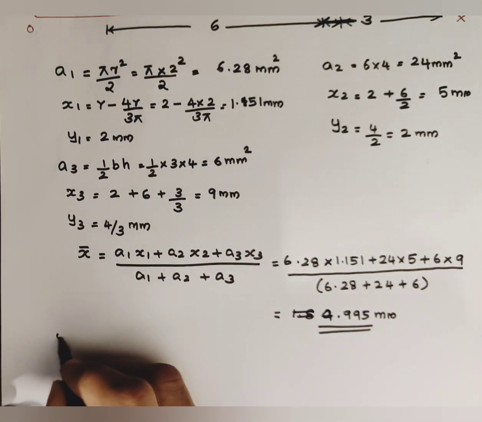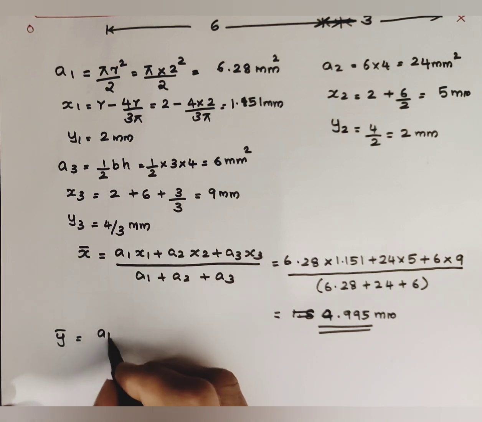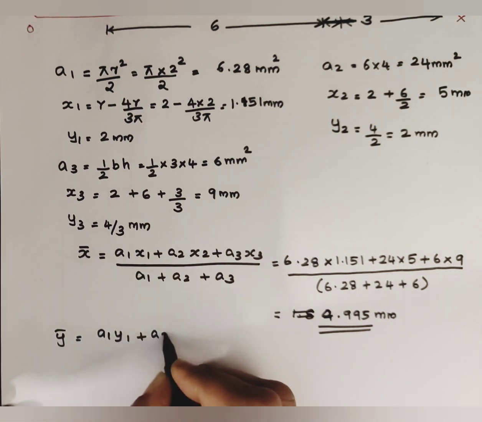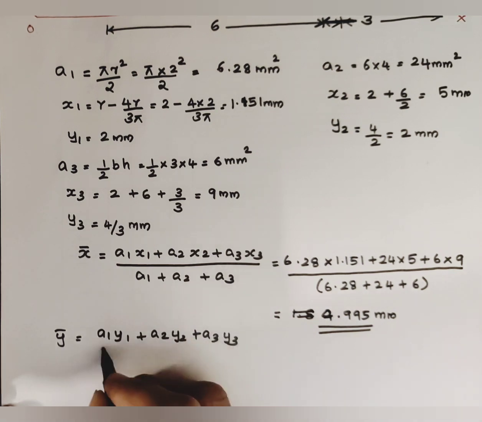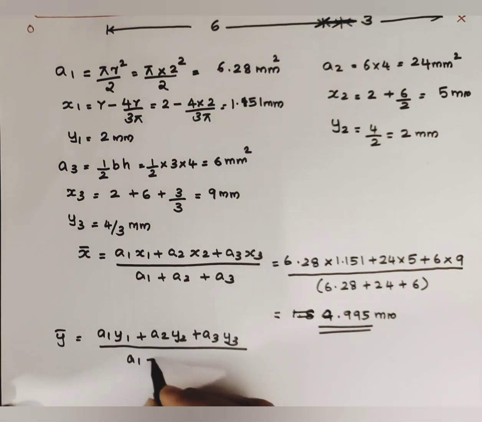So now y bar is equal to a1 y1 plus a2 y2 plus a3 y3 divided by a1 plus a2 plus a3.